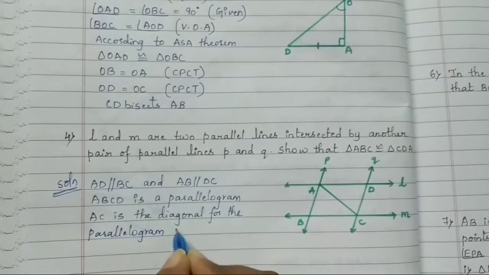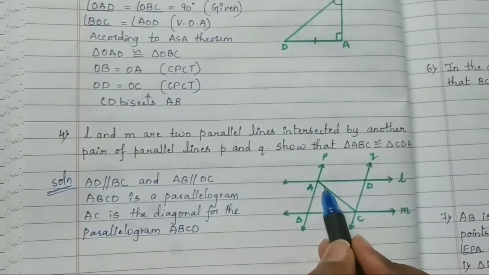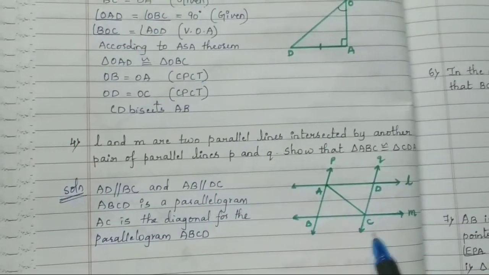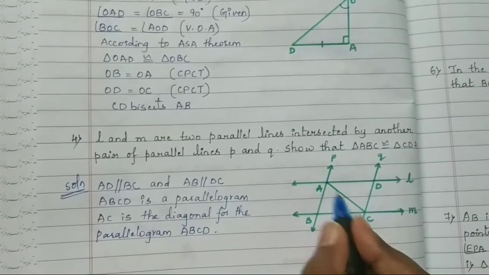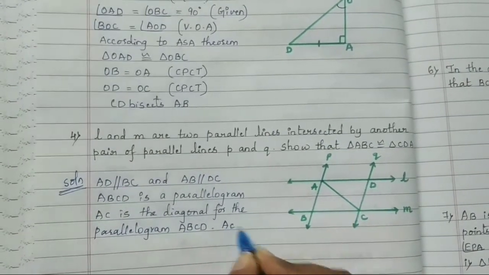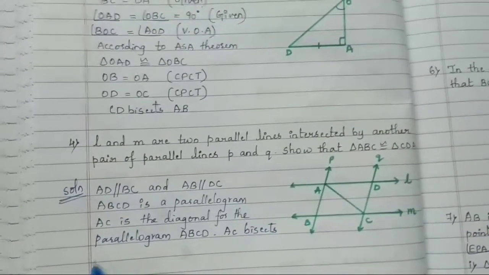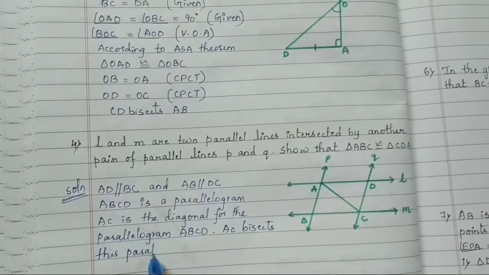Okay, as you can see here, this AC is the diagonal for our parallelogram ABCD. It means AC divides, that is bisects, this parallelogram into equal halves.